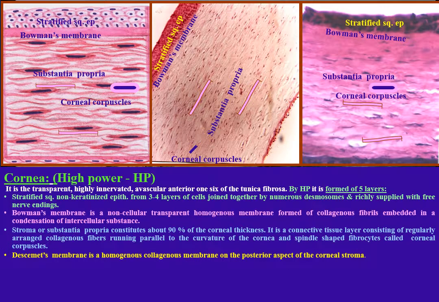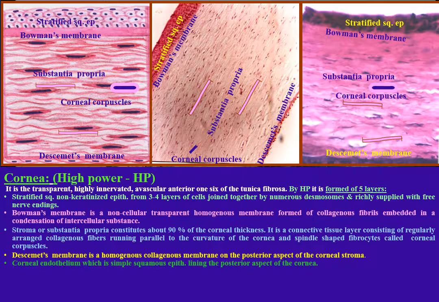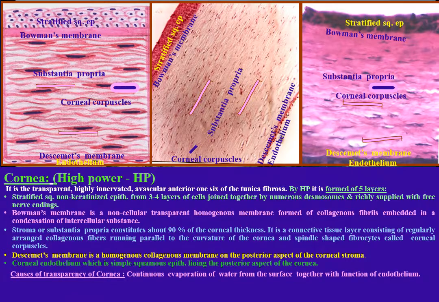Descemet's membrane is a homogeneous collagenous membrane on the posterior aspect of the corneal stroma. Then corneal endothelium, which is simple squamous epithelium lining the posterior aspect of the cornea.